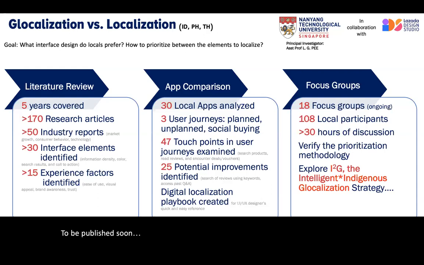Then after that phase, we went into the app comparison. So we got 30 local apps analyzed, not just e-commerce, but generally any commerce, which can be about fintech or transportation apps, any kind of apps which are known for their design, or any apps which are very popular in the local markets.